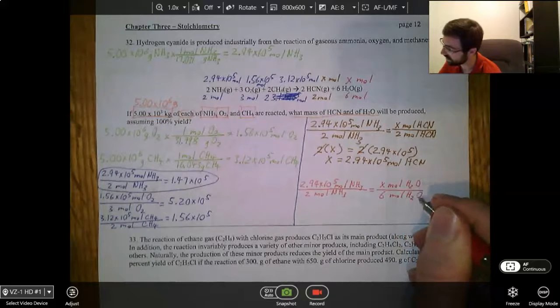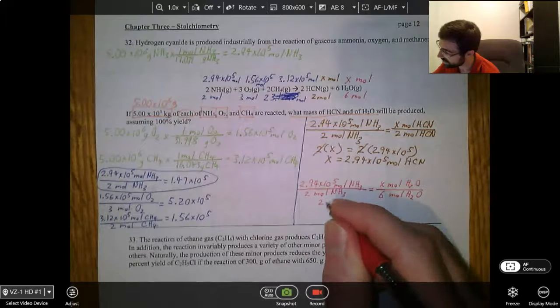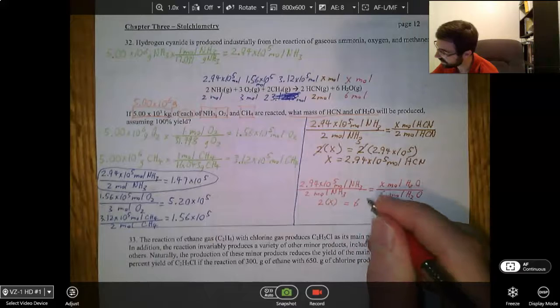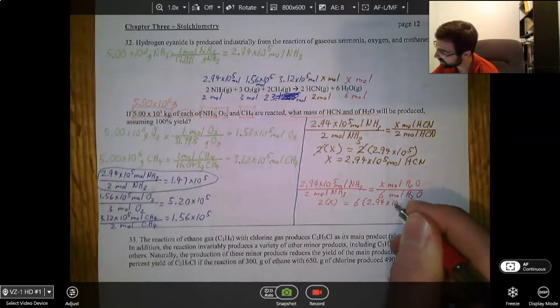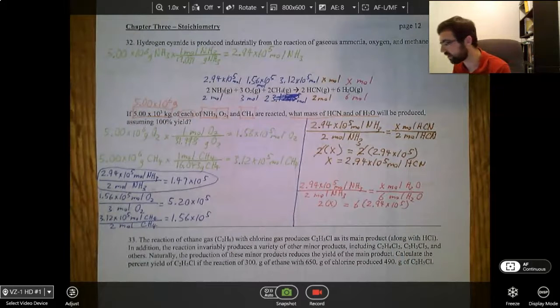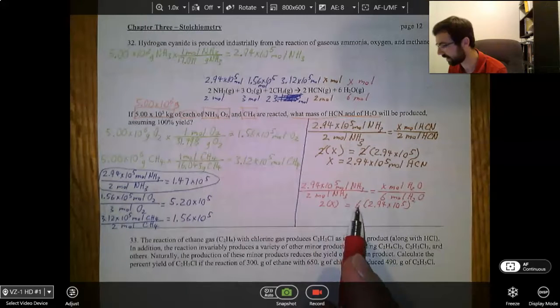Okay, cross multiply, I got 2 times x equals 6 times 2.94 times 10 to the 5th. Now you could do this in a calculator, or if you wanted to, you could cancel out and say, okay, get rid of the 2, and this is going to become a 3, right?